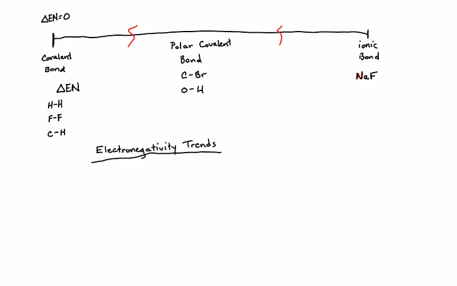Okay, the first thing that will help you remember relative electronegativities is recognizing that fluorine is the most electronegative element on the periodic table. So that tells us that the electronegativity is going to increase going from left to right on the periodic table and from bottom to top.